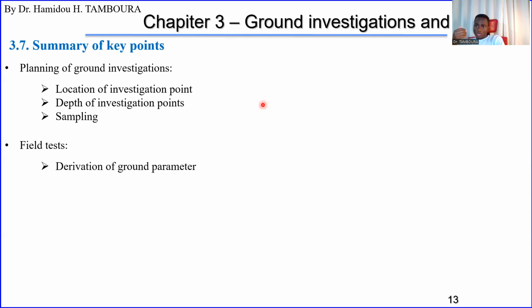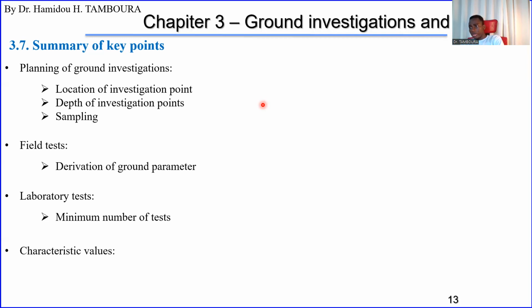In this video I include only a CPT test example, but all the field tests can give us a lot of information on the soil parameters. Lab tests also: the minimum number of tests, given in the table for whether you have experience, medium experience, or no experience at all.